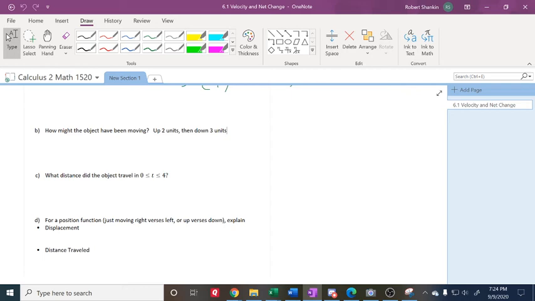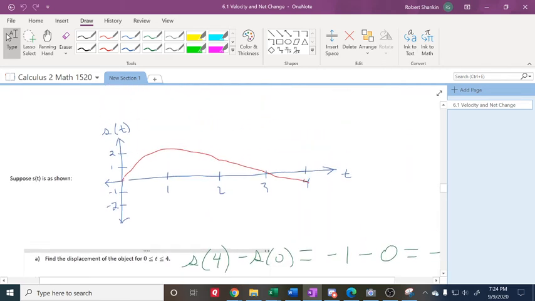Hey, Professor Shankin, can you go back to the graph real quick? You bet. All right, thank you. You're welcome.